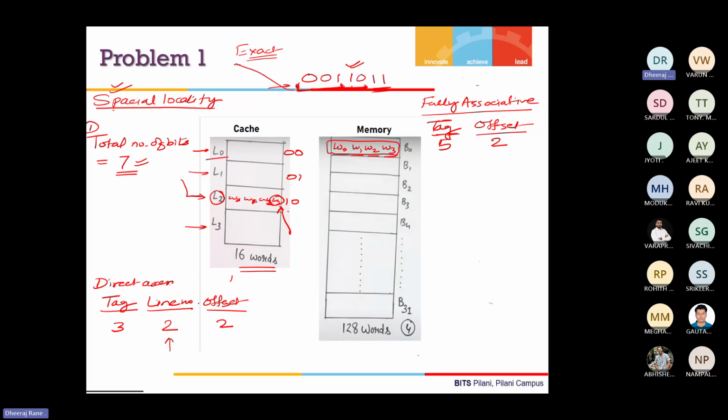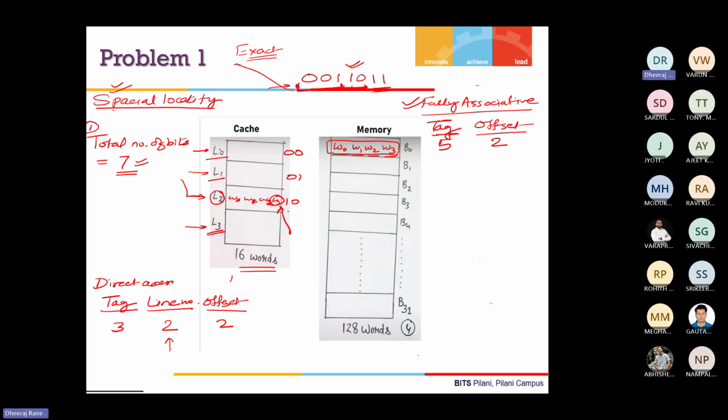It may be present in L0, it may be present in L1, it may be present in L3, because of the property of the mapping that is fully associative, right?